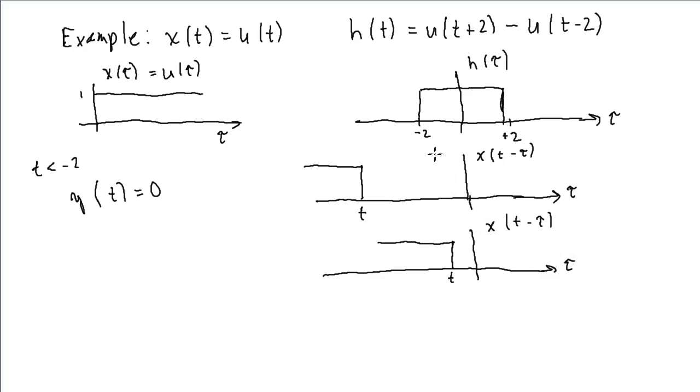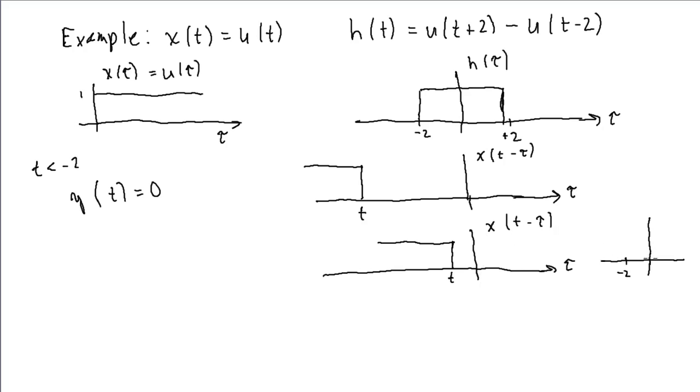And then in this particular case, we'll have a non-zero product only between minus 2 and t. I'm going to draw what the product looks like right over here to the side. For all tau less than minus 2, h of tau is 0. And then for all tau greater than t, x of t minus tau is 0.